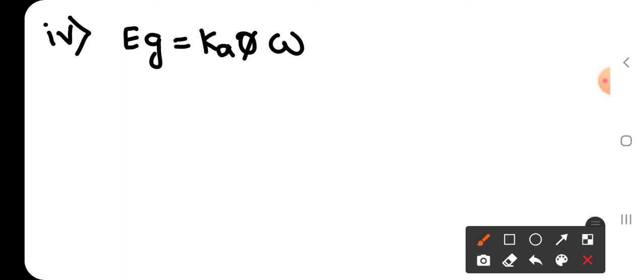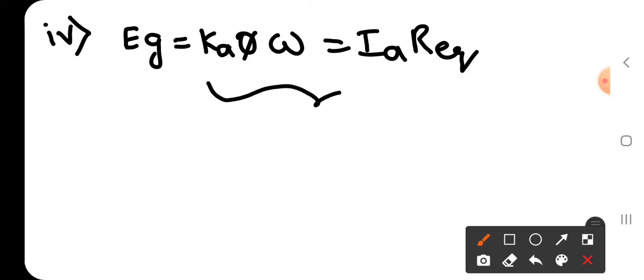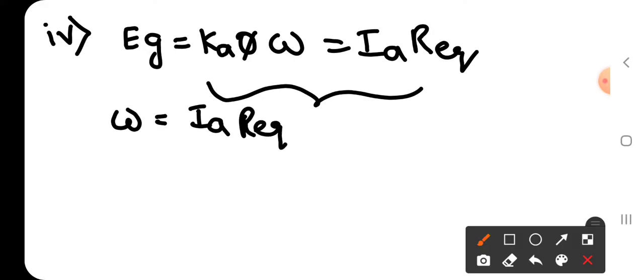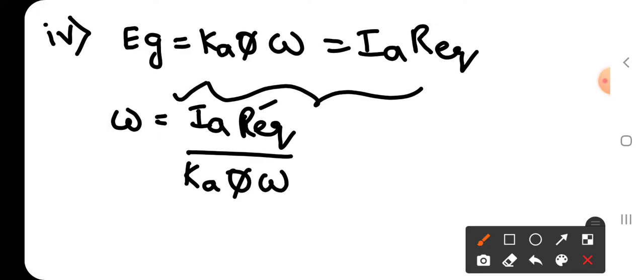Or you can also write it as Ia into R equivalent. Now we equate these two. So you can write omega is equal to Ia R equivalent by Ka phi. Here we know Ia, and we know R equivalent.